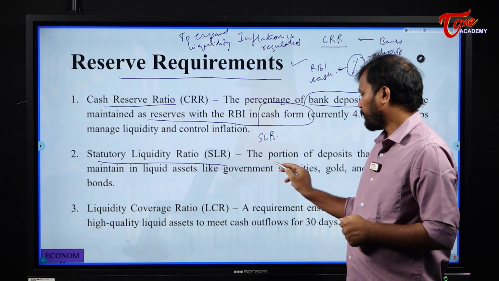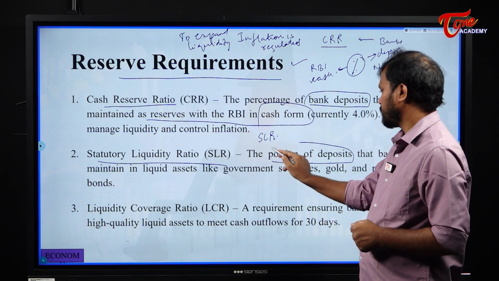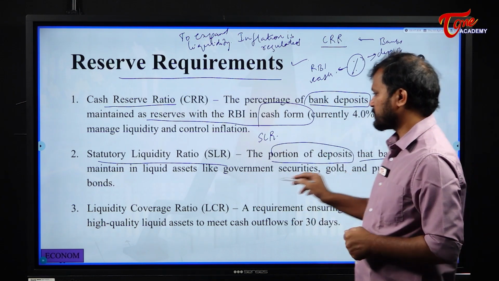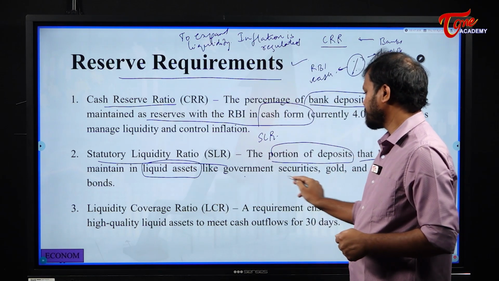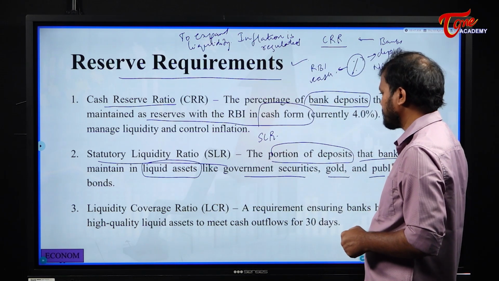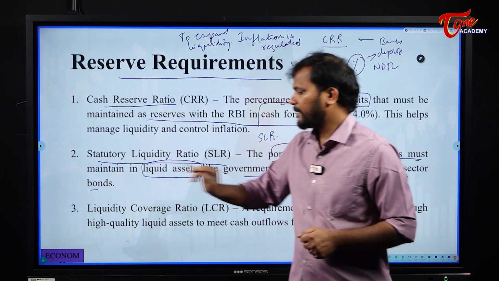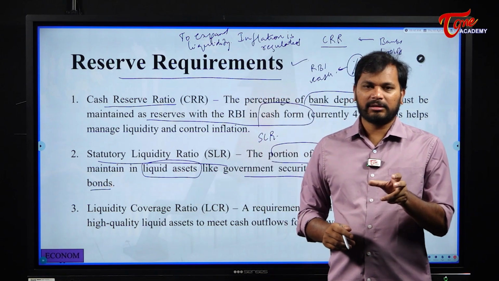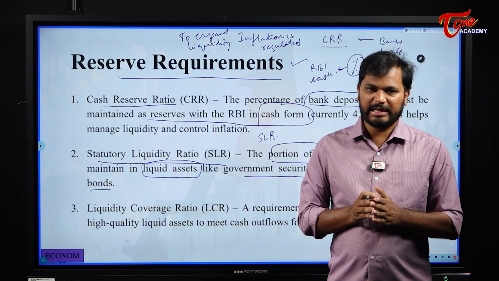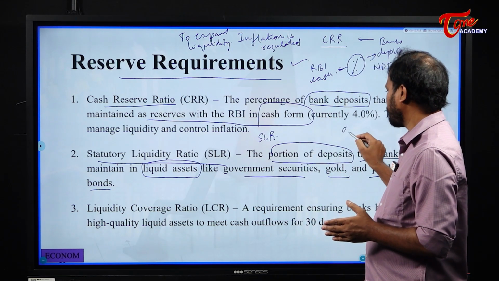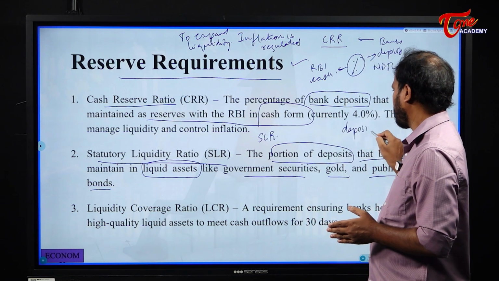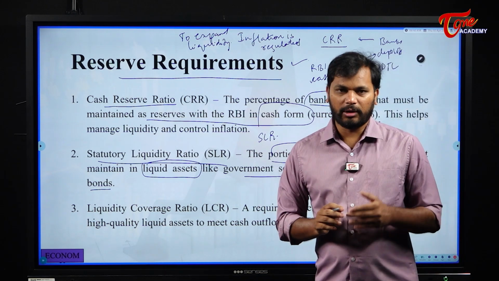See, the portion of the deposits that banks must maintain in liquid assets like government securities, gold and public sector bonds. The bank needs to diversify its deposits, not assets, deposits.